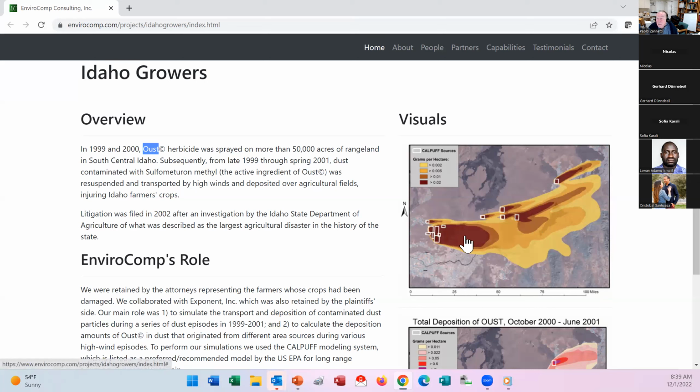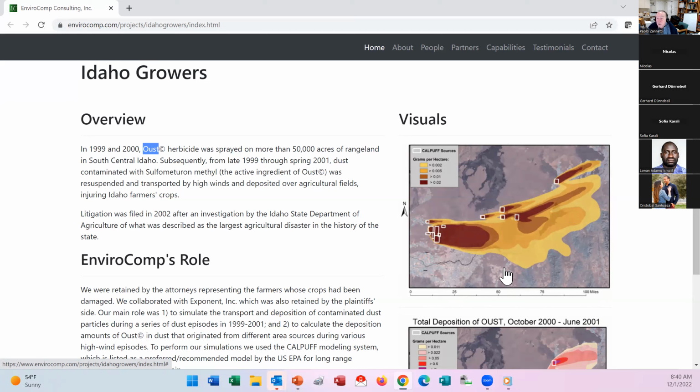And so this dust deposited 10, 20, 50, 100 miles away and damaged, according to the owners of these agricultural fields, these farmers' fields.